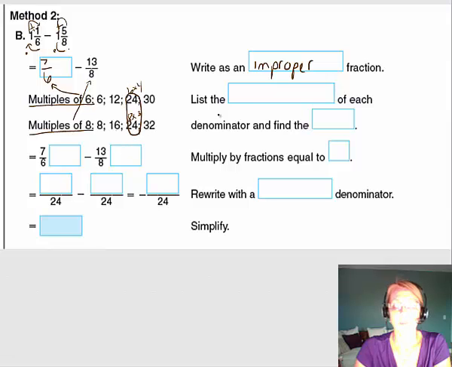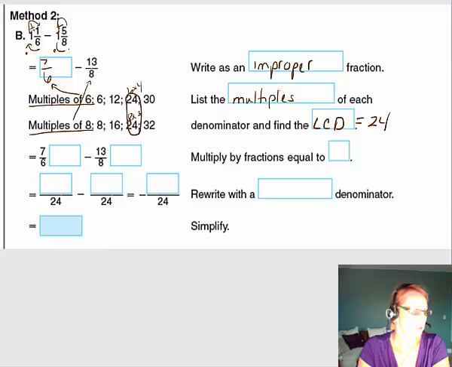So by listing the multiples of each denominator and finding the lowest common denominator, which in this case equals 24, we can multiply the fractions by fractions equal to 1.